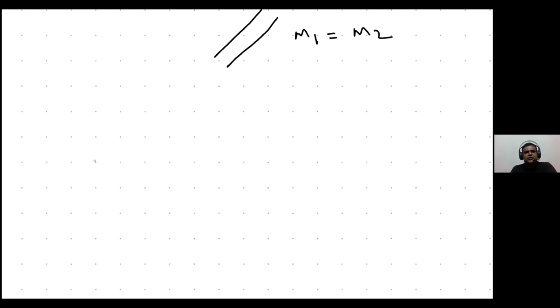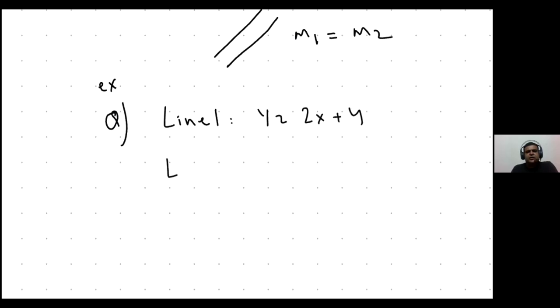Let us solve an example question, right? If they give us line 1 equation as y equals 2x plus 4, right? They say line 2 is perpendicular to line 1, okay?